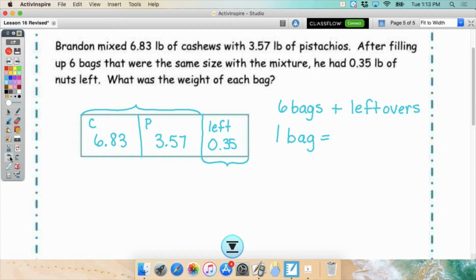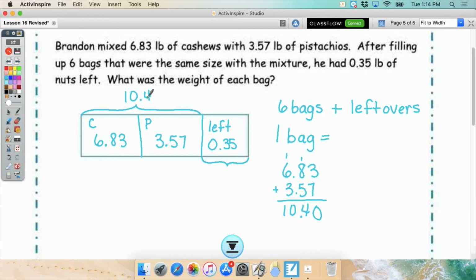Don't put it down there because we're going to need another tape diagram, so let's put it right here. Okay, so I've got 10.4 or 10.40, correct? And this isn't money, this is pounds.